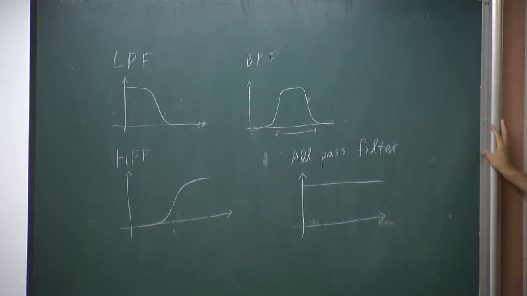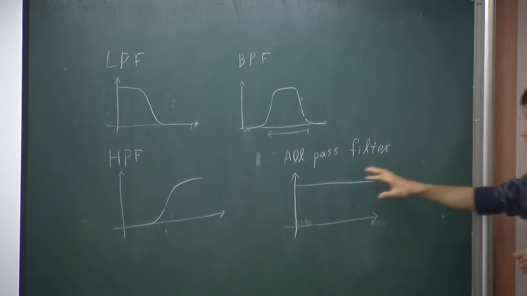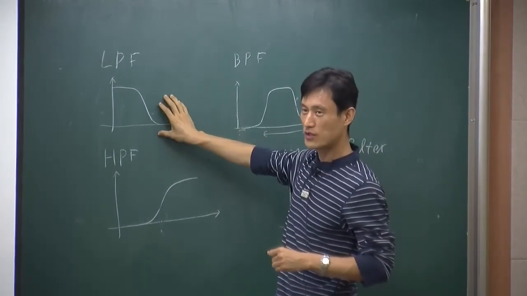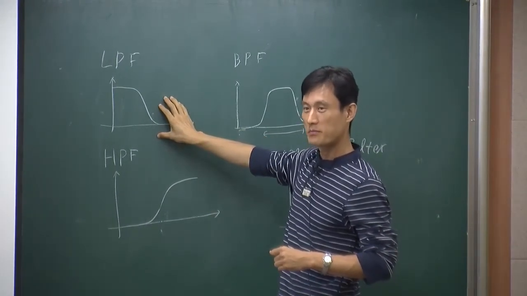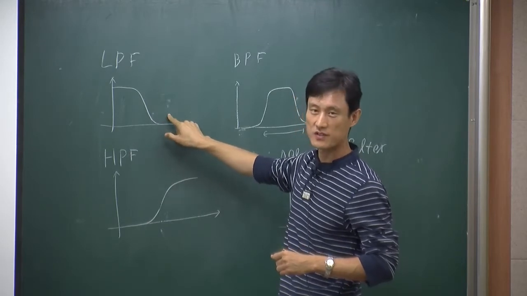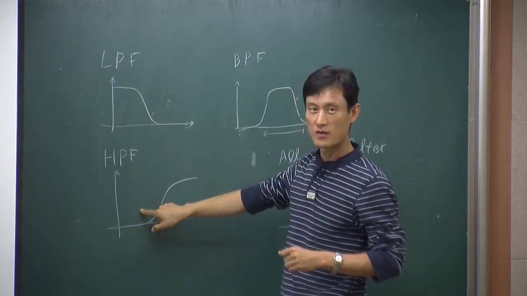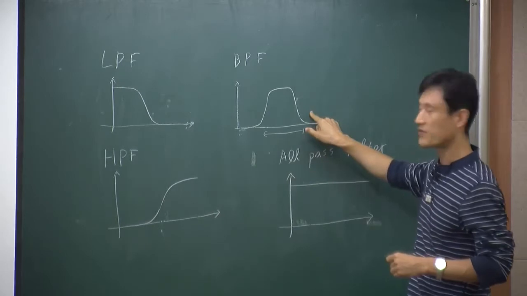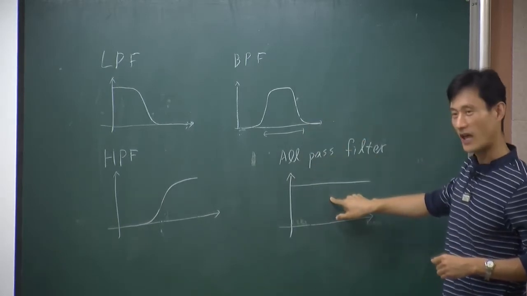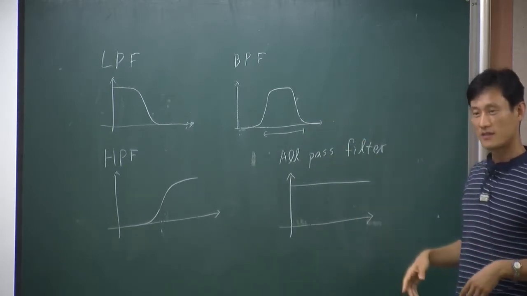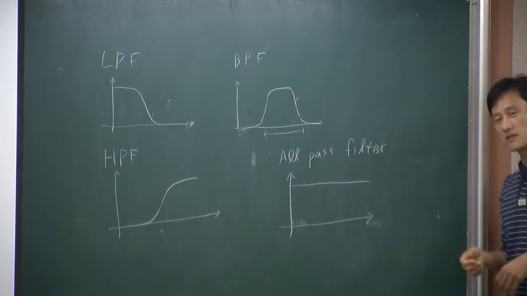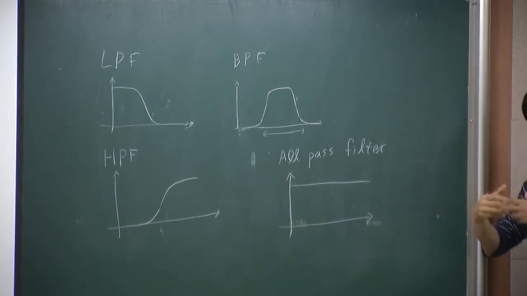Why do you need this? Why do you need a low-pass filter? Because you want to block the high frequency or some other frequency. But in this case, everything passes. Whatever comes in, you just pass.